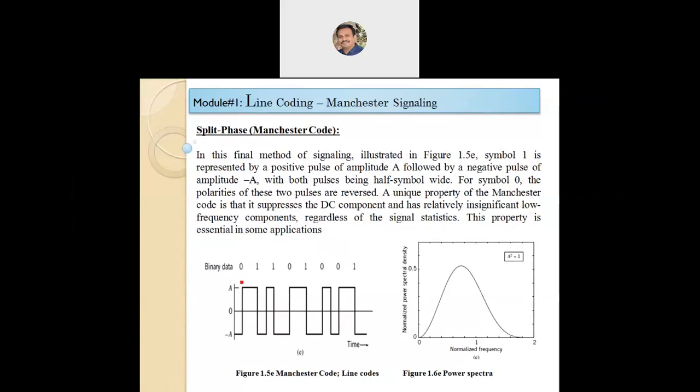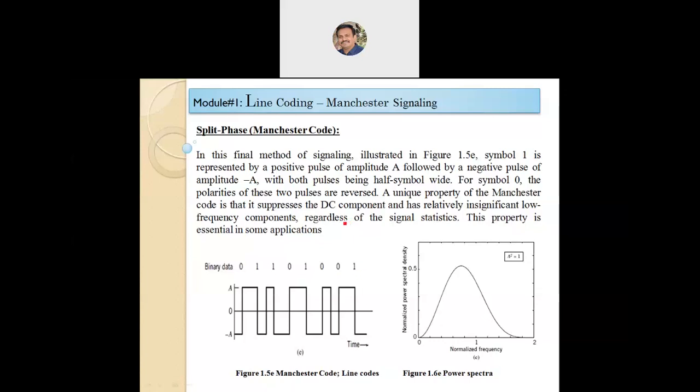Now, coding a given binary data, 0 1 1 0 1 1 0 1 1 0 1, how to code this using Manchester code?